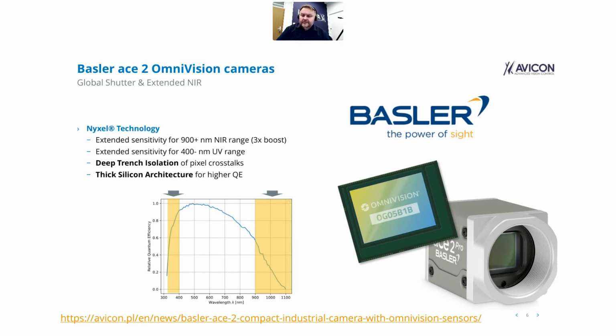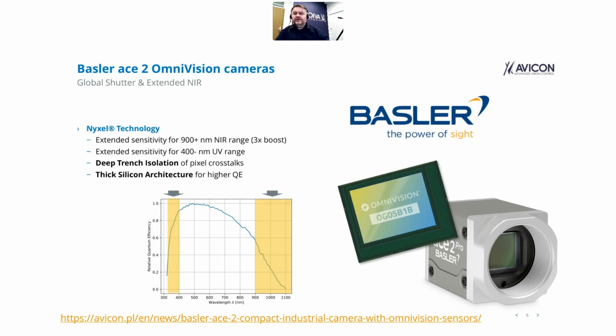And the second technology is that OmniVision applied a way thicker silicon architecture. Silicon is of course opaque for the visual range, but for near infrared it is translucent. So in order to get more sensitivity, we need to have pixels that are thicker, so that light that passes through the material is able to excite more electrons as it goes through the whole thickness of the active sensor area.